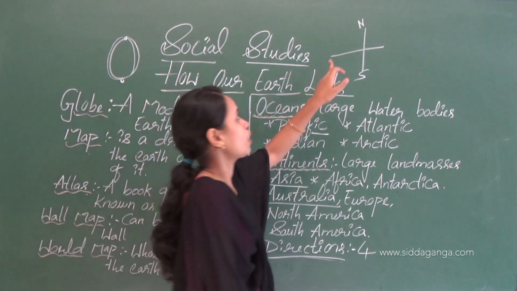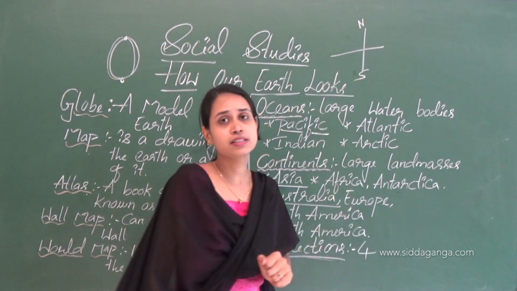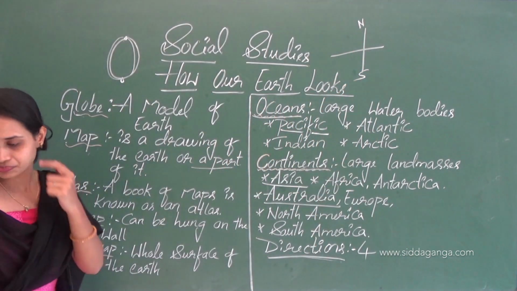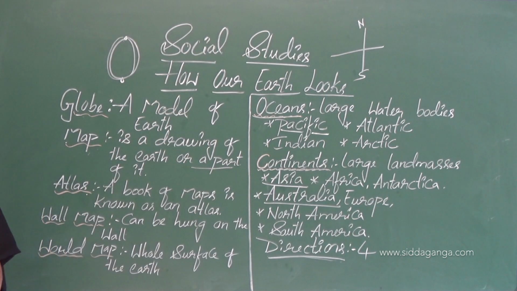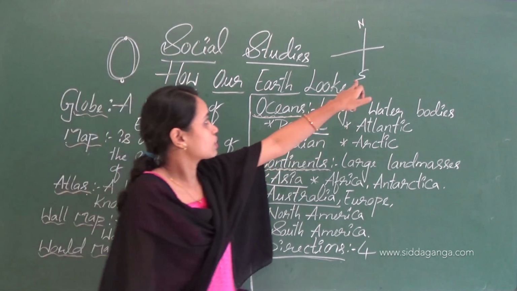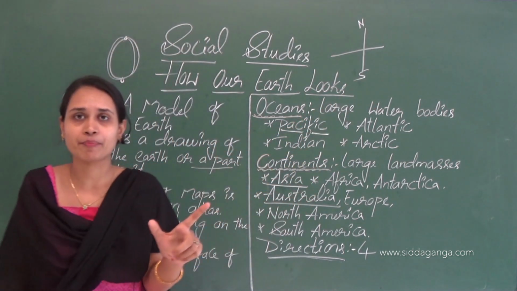Top shows north and bottom shows south. The south is always towards the bottom of the map.